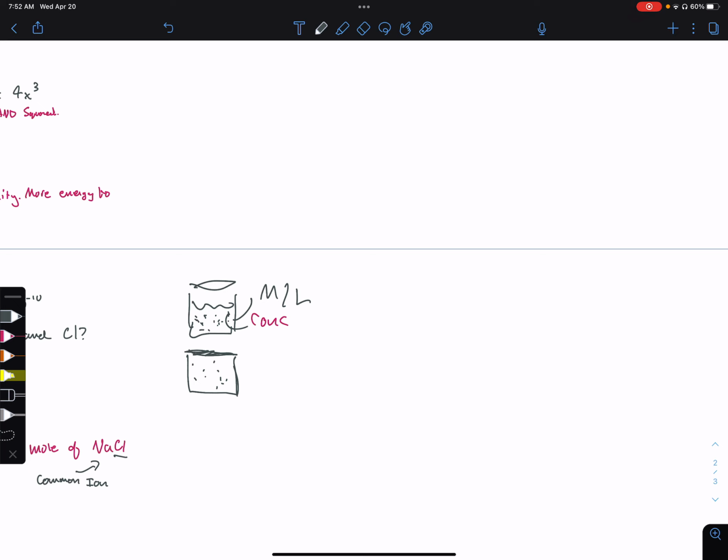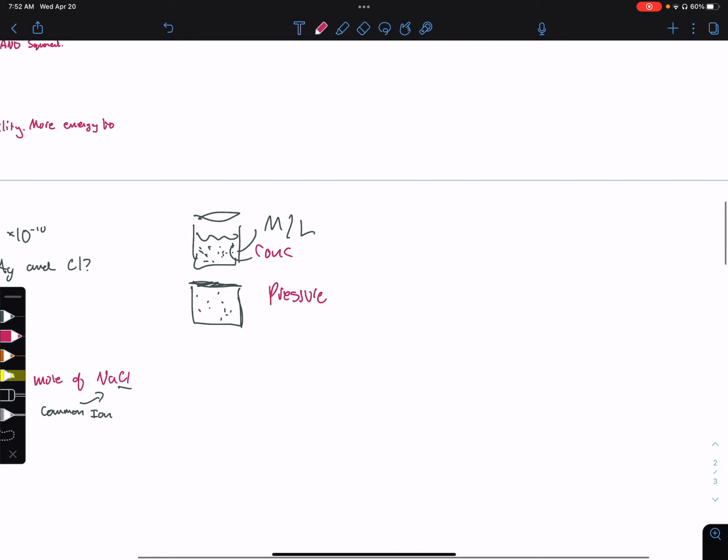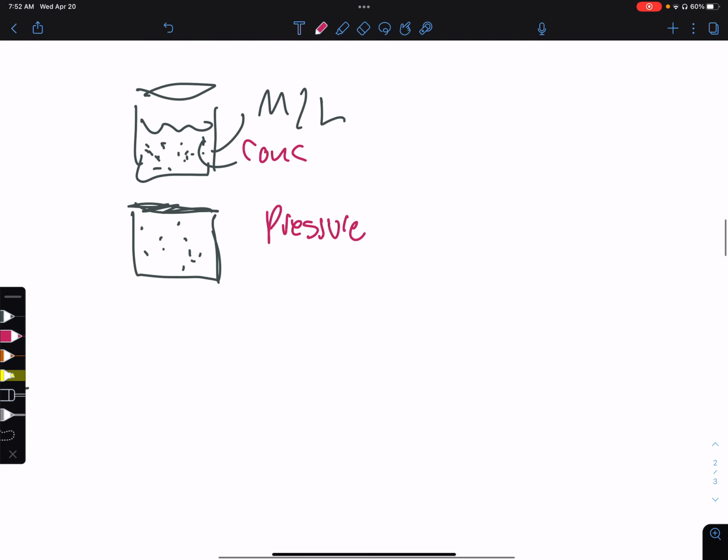The concentration version for gas is called pressure. For pressure, we have a different process. We have our KEQ, but this is actually going to be KP, and obviously P is for pressure. It's going to look like rounded brackets with a big P, and then your equation.